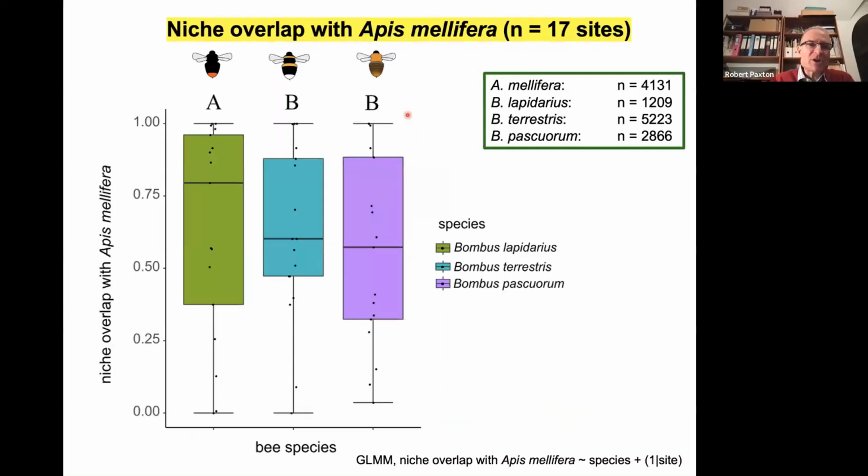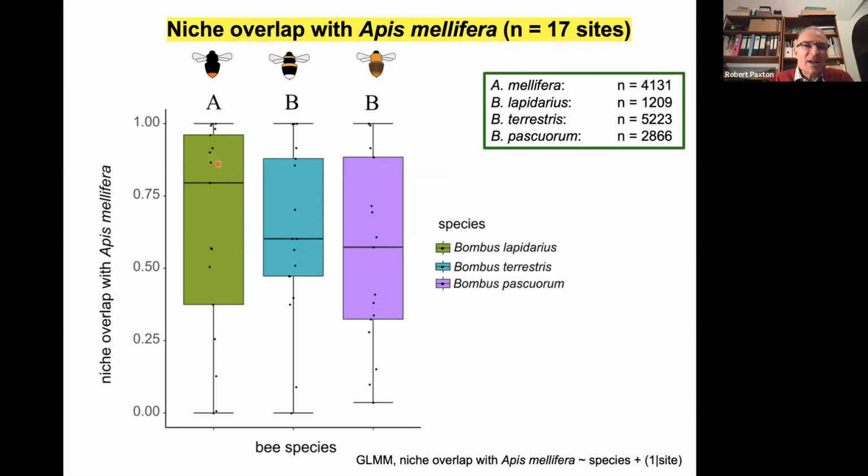It's a value which ranges between 0 and 1. 1 means a lot of overlap, 0 means little overlap. And you can see the red-tailed bumblebee, Bombus lapidarius, has much greater overlap across those sites than does Bombus terrestris, and that has more than Bombus pascorum.